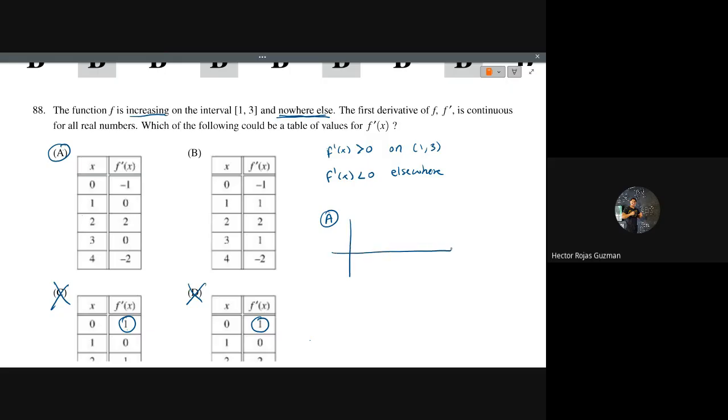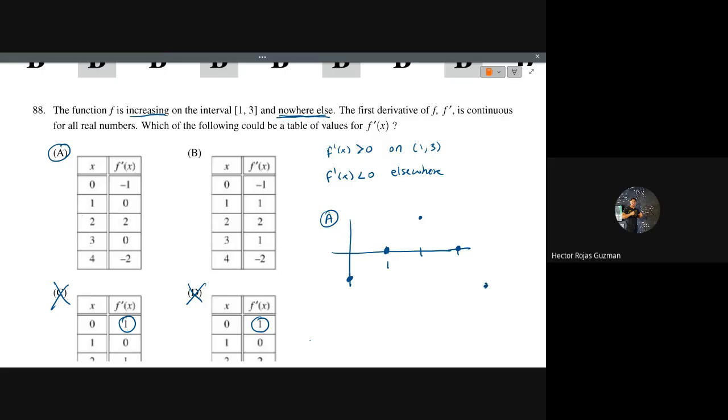When I'm looking at the graph of A, we have the point 1, 0. We have the point 2, 2, and we have the point 3, 0. We also have the point 0, negative 1, and we have the point 4, negative 2.